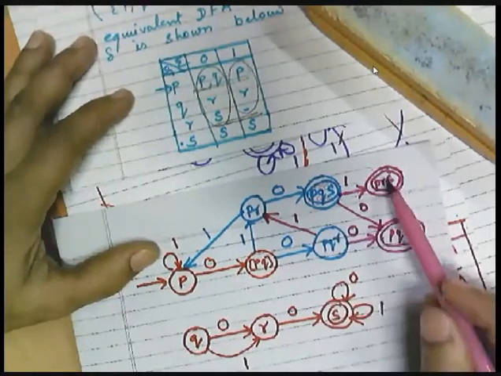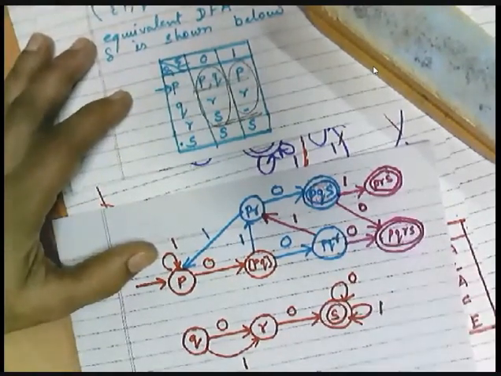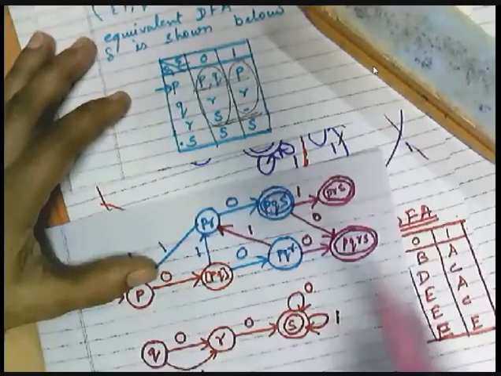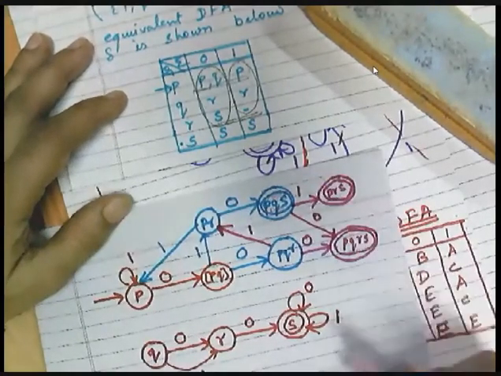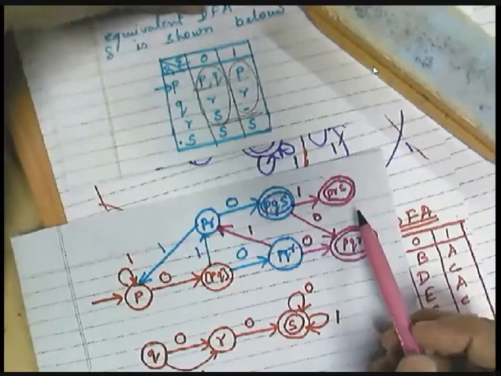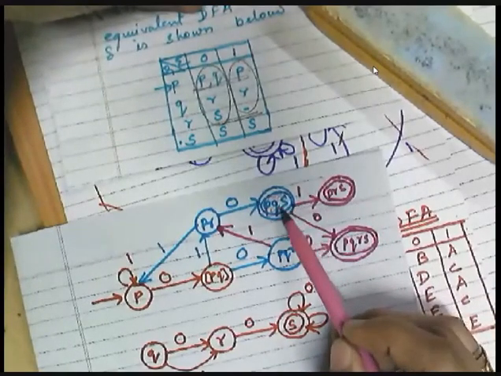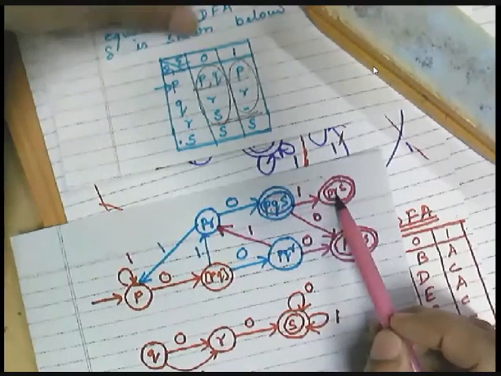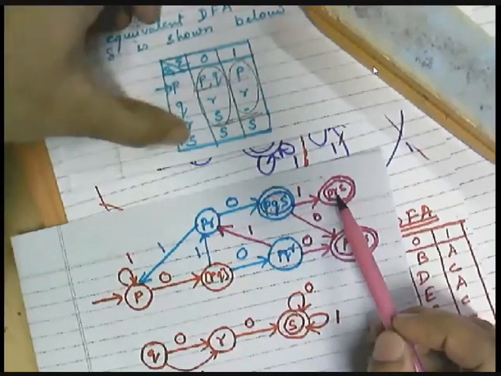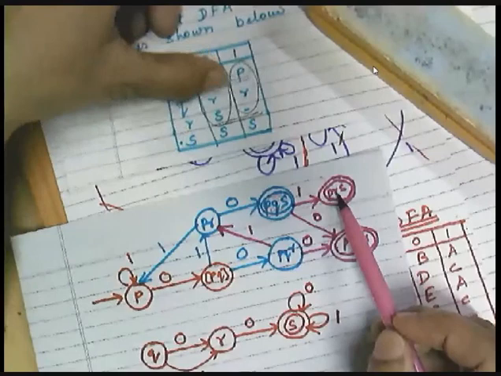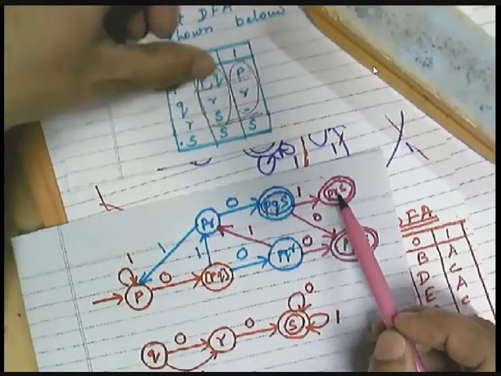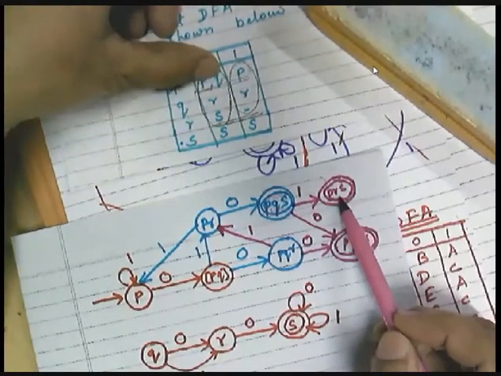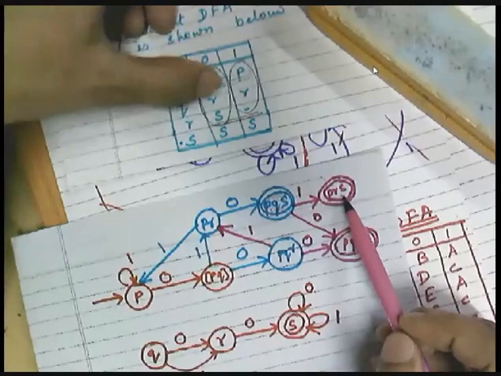Now still we have 2 more states, right? Now here, if we are getting 2 more states, we need to identify this. So here PQS is now over, PRS. So PRS means P, R and S. So PRS on 0 moves to PQS.